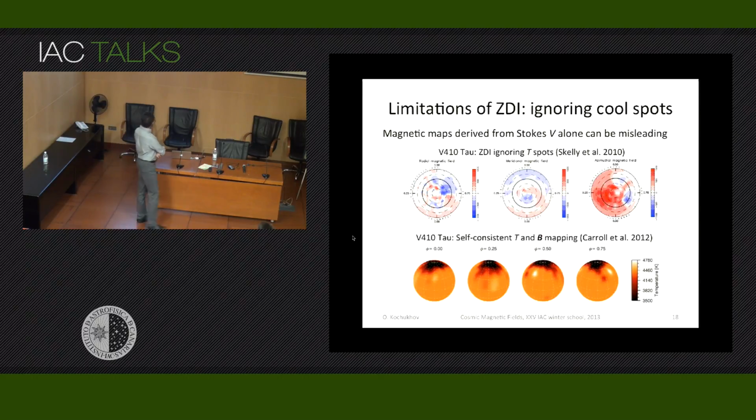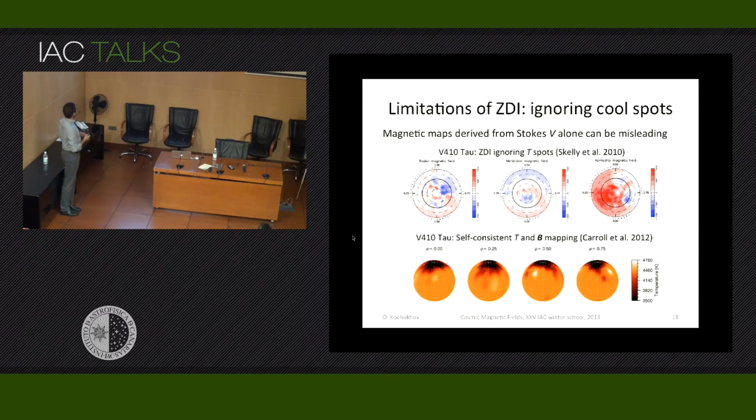But these nice maps, of course, have a lot of limitations, and I should very clearly emphasize that one needs to have some healthy skepticism, and really keep in mind that these are inversions of ill-posed nature, and penalty functions and details of these inversions can very seriously affect the results.